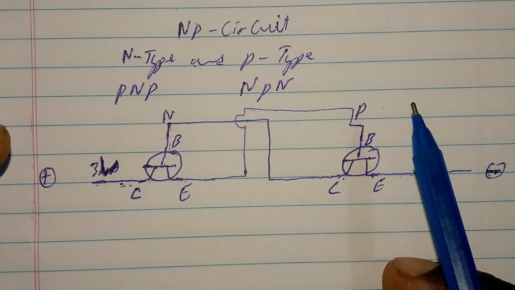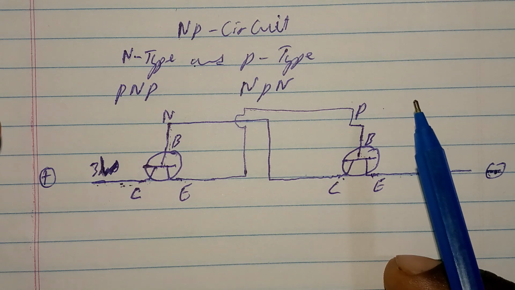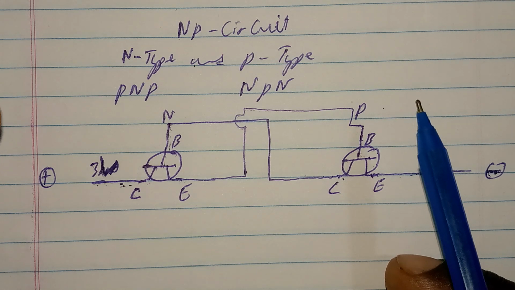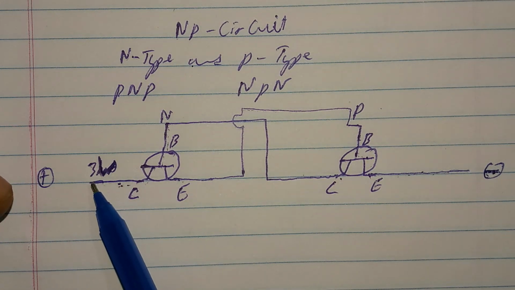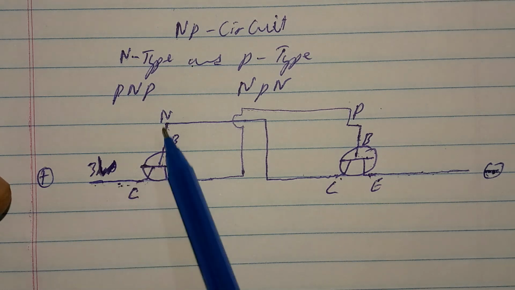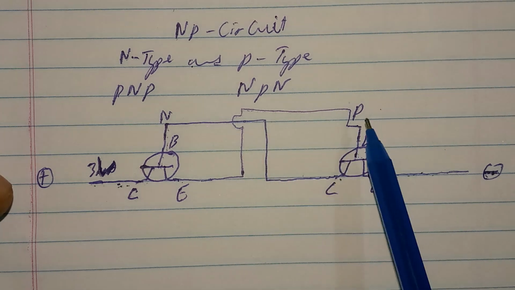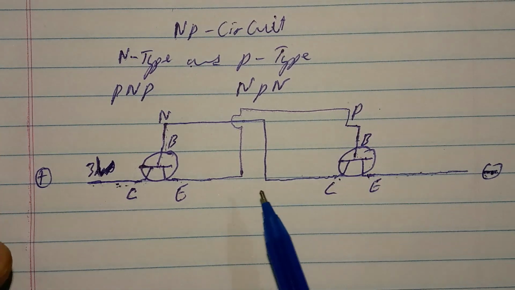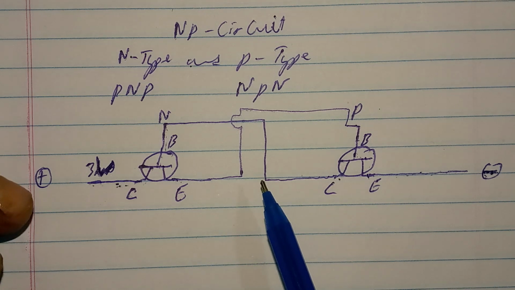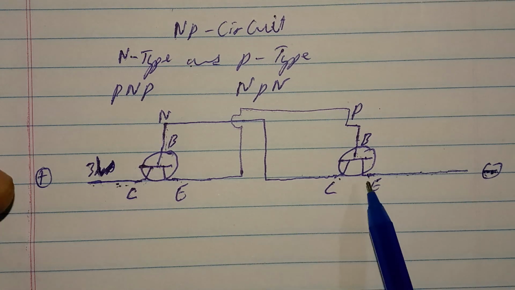That is how to connect the PNP transistor and the NPN transistor in line, so that when you apply a voltage here, the voltage will automatically move from the N-type transistor direct to the P-type transistor to the negative. That is how to build an NP circuit.